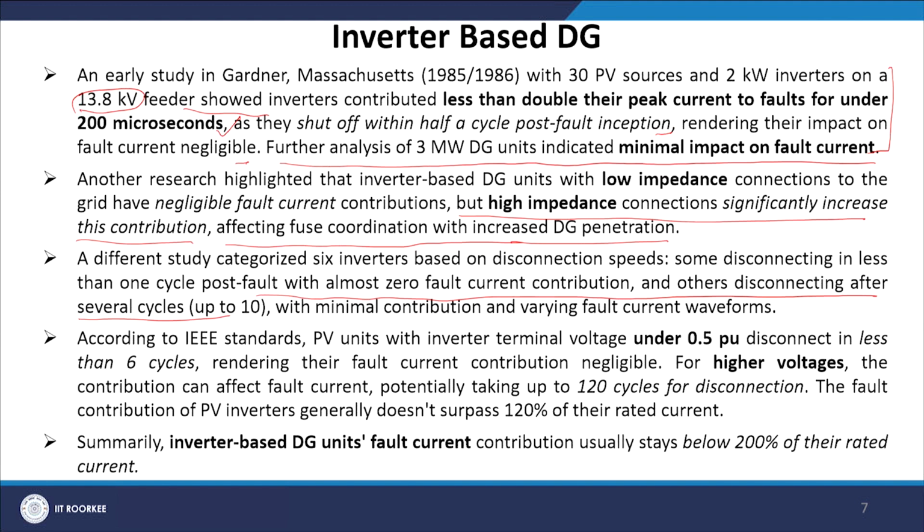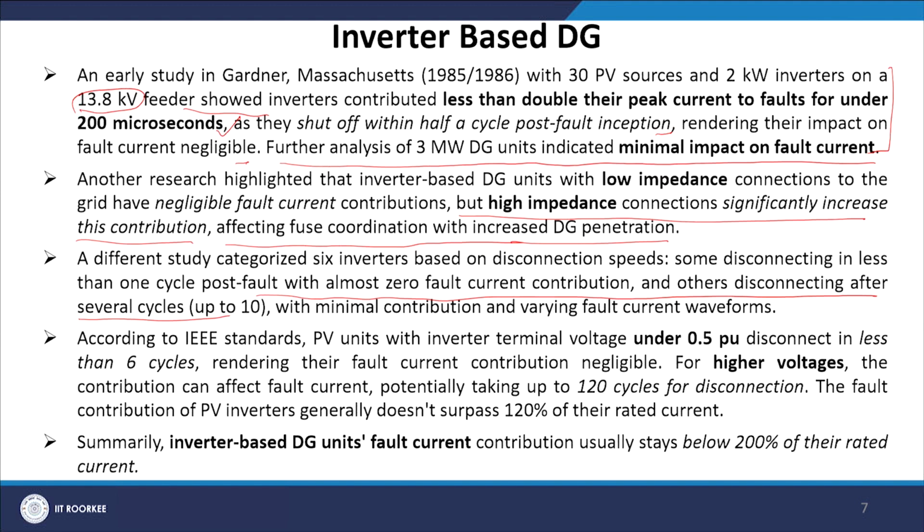current waveforms. According to IEEE standards, PV units with inverter terminal voltage under 0.5 per unit disconnect in less than 6 cycles, rendering their fault current contribution negligible for higher voltages. The contribution can affect fault current, potentially taking up to 120 cycles for disconnection.